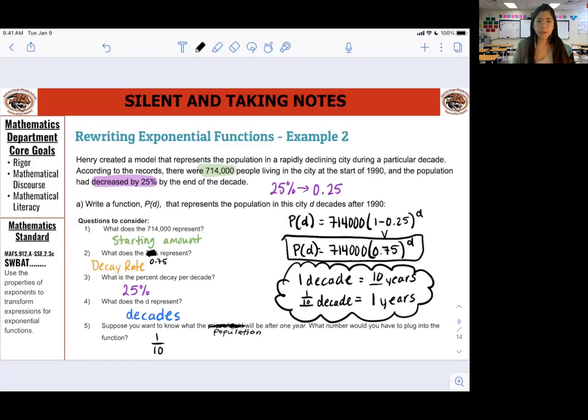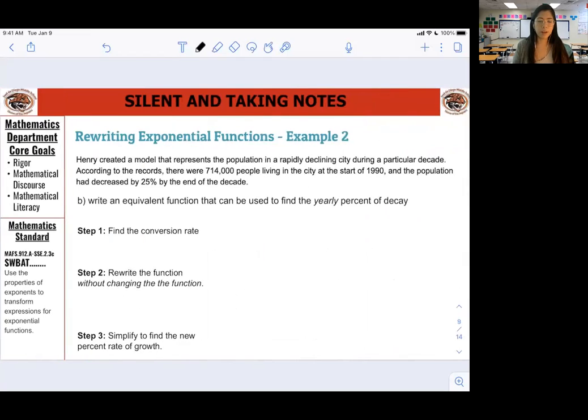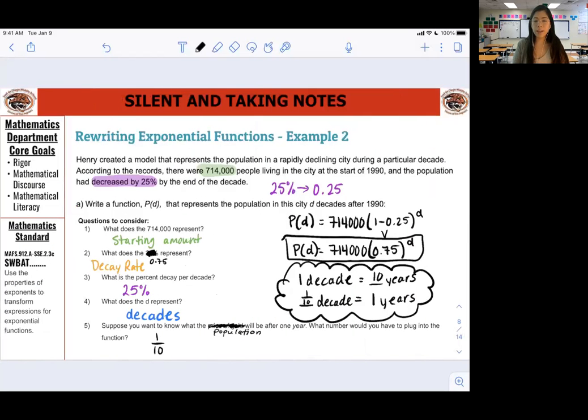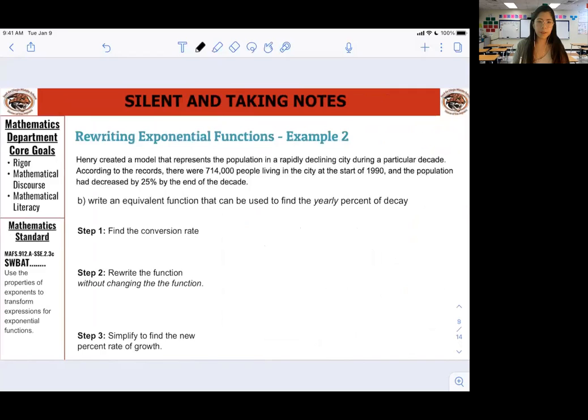Okay. So now we're going to do the same exact thing as before. We're going to rewrite the function so that it shows me the yearly percent. Because I know the decades percentage is 25%, but I want to know the yearly percentage. So first thing, we already found the conversion rate.